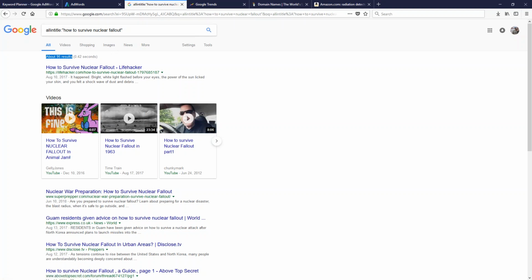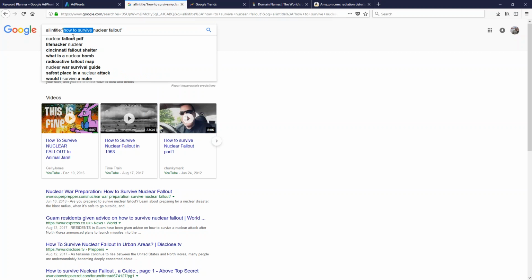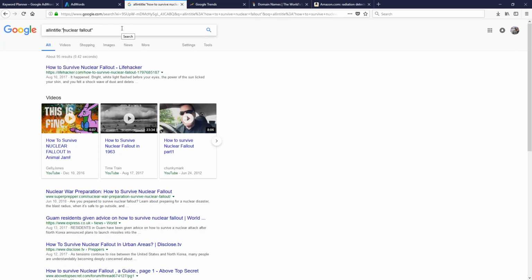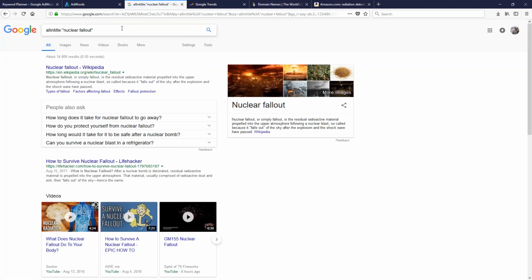With keywords that are a lot more specific than that, let's say I just wanted to get a search ranking on the term nuclear fallout. There are over 14,000 pages that have that particular phrase in the title.